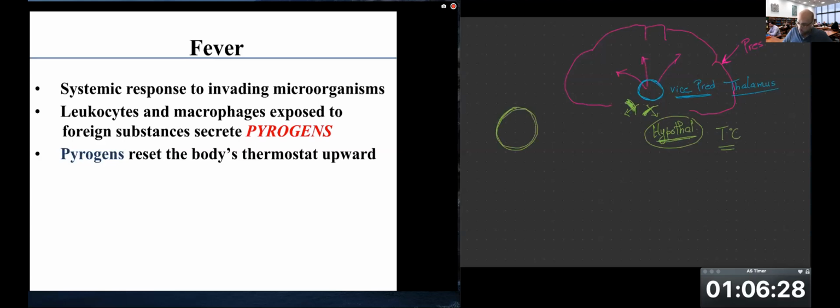So what if I am detecting normal body temperature? Should I do anything? Yes, Azim, it's like the main regulator of all autonomic activities.